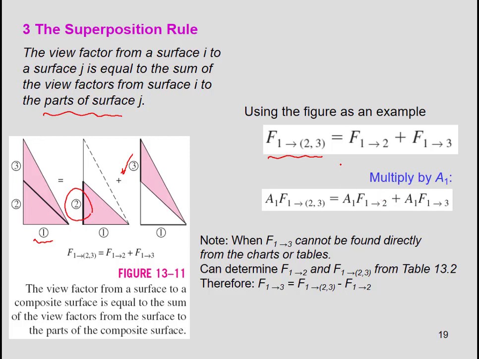And if we multiply this relationship, we can find this for each surface. So we can use these superposition rules when we have a configuration which we cannot find a view factor for some part of that, but we can find for some other part of that surface.